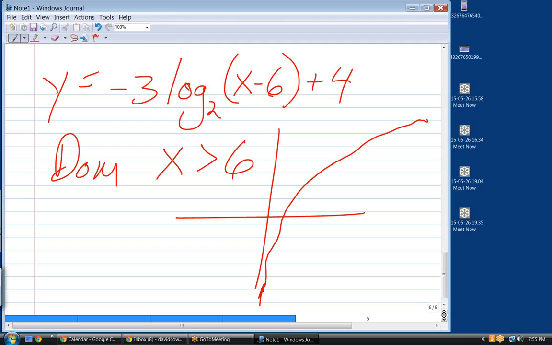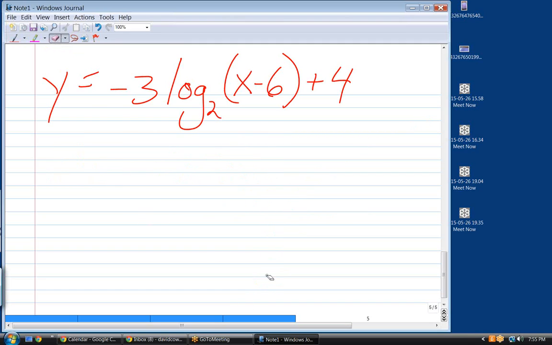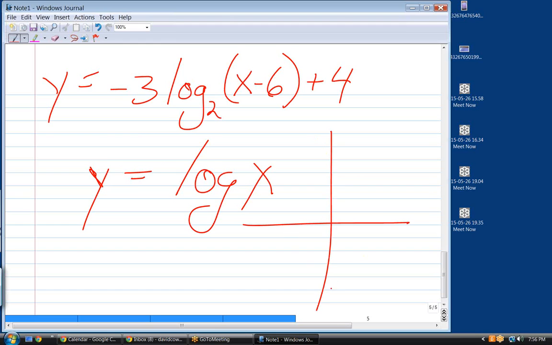And then for the logs, the range is always negative infinity to infinity, right? Well, I think it is. It certainly is for that, regardless of the base. Doing any reflections or transformations doesn't change anything. No matter what I do to that curve, I'm not going to change the negative infinity to positive infinity.